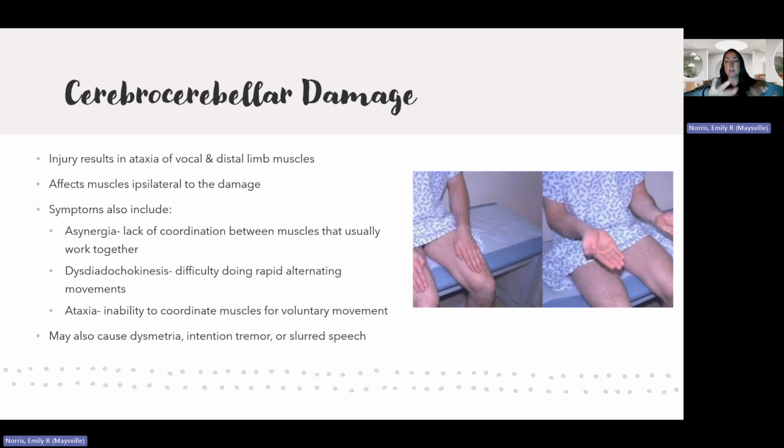So this is one way that we usually check for dysdiadochokinesia, see if they can do the hand flapping. Ataxia, which is your inability to coordinate muscles for voluntary movement. It can also cause dysmetria, which is like overshooting or undershooting when you're reaching for objects, just doing it in an uncoordinated way. It can cause intention tremors and slurred speech.